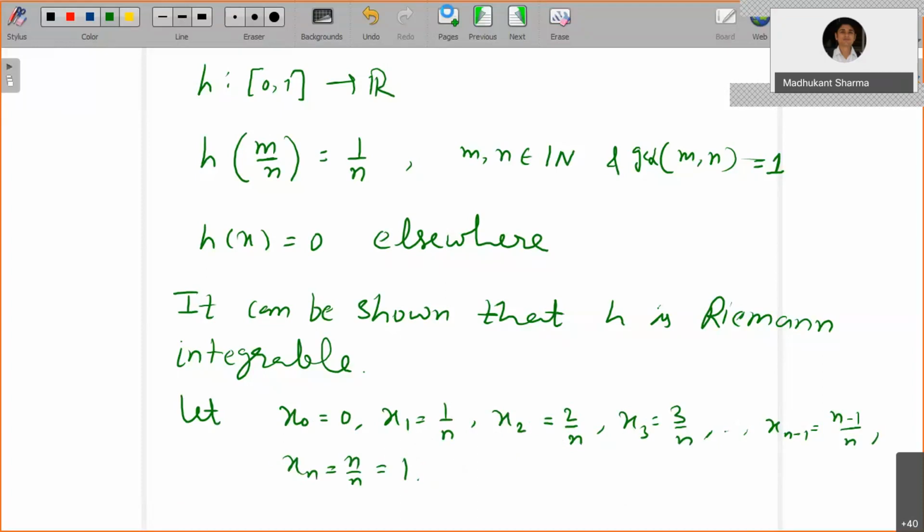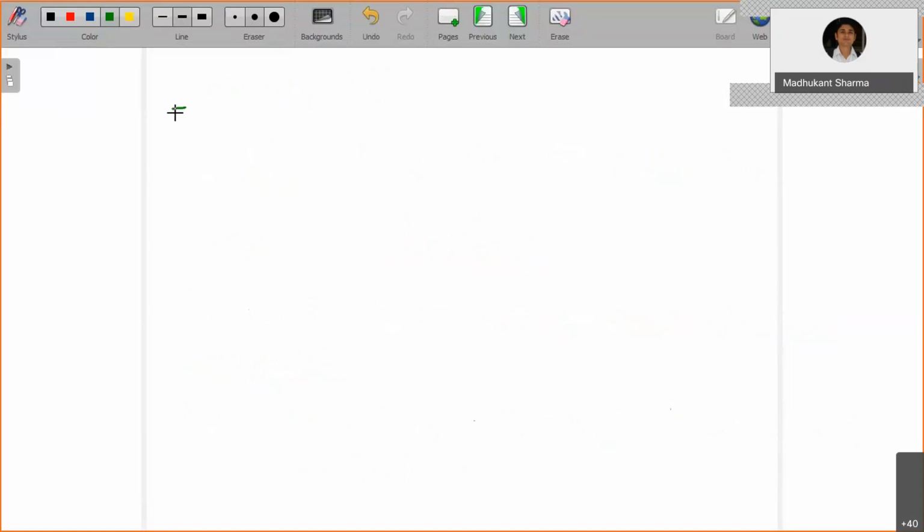Okay, so what is Ik now? This implies Ik is equal to k minus 1 by n to k by n. So this implies small mk is going to be 0 for all k.